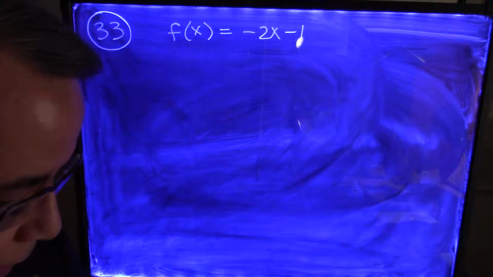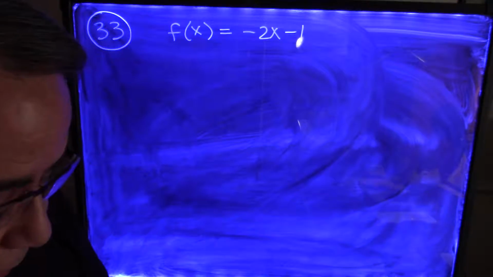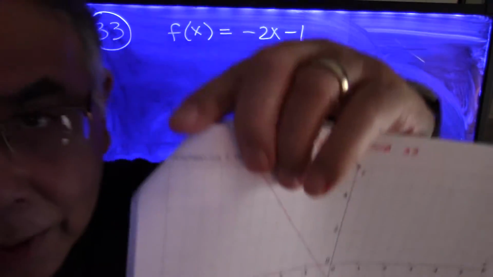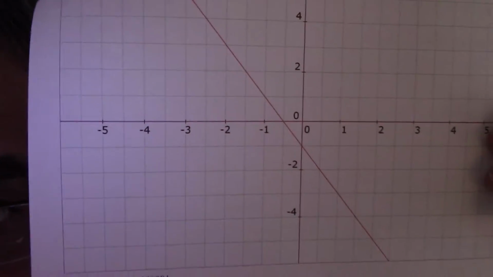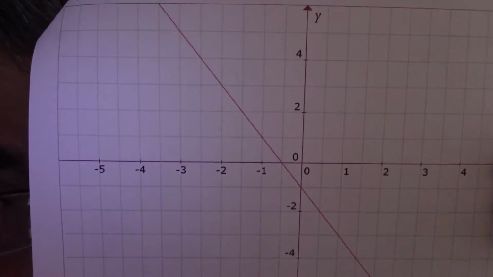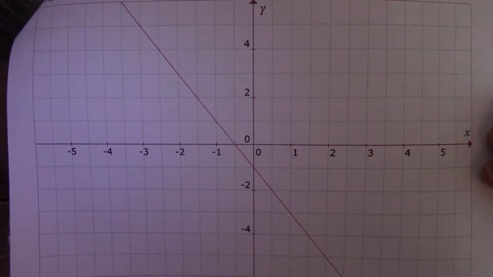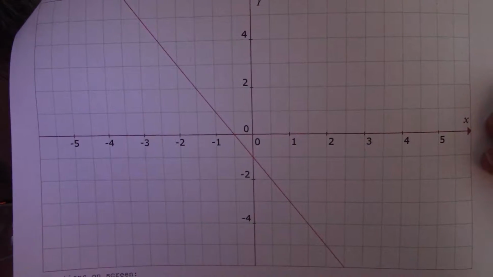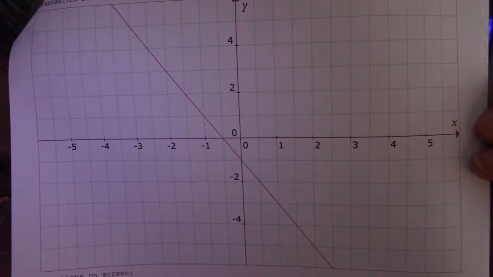Okay, so the correct line is this, and I did this one on my computer. This is the correct graph that we're looking for. Okay, that's y equals negative 2x minus 1.